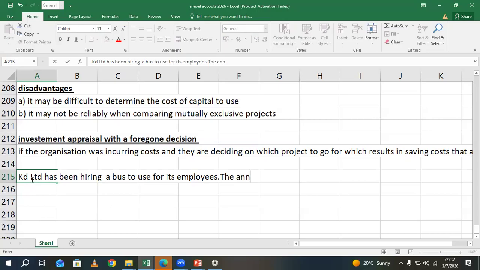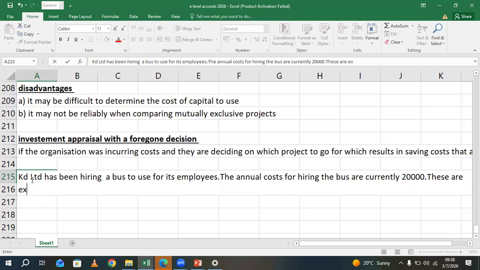The annual cost for hiring the bus is currently $20,000.